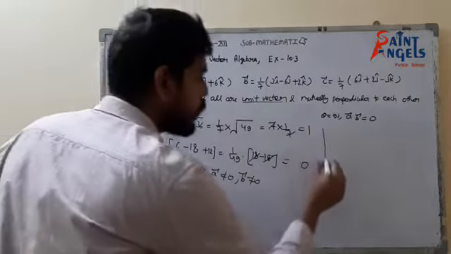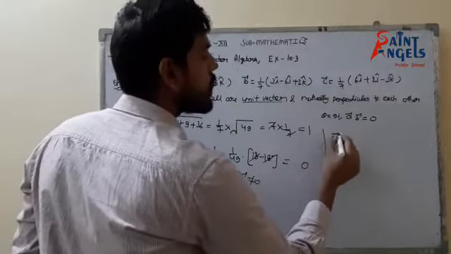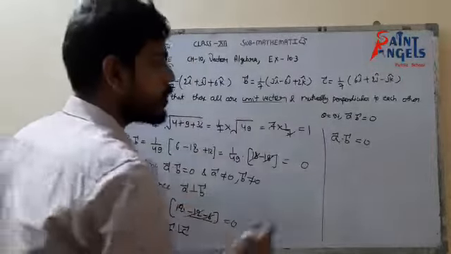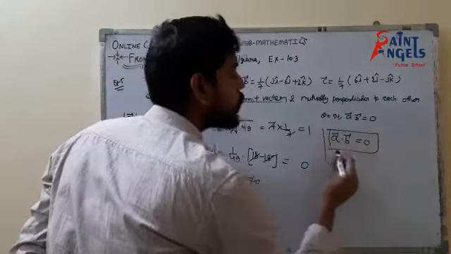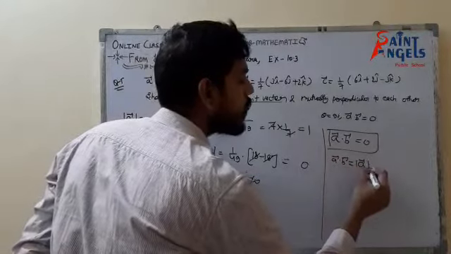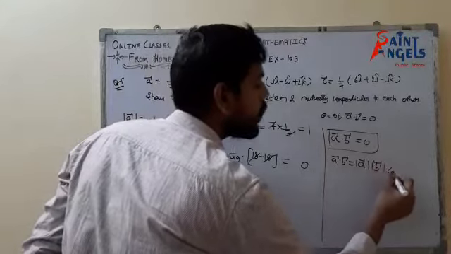But one thing to notice here is that if vector A dot vector B equals 0, there would be 3 cases, because the formula of A vector dot B vector equals magnitude of vector A, magnitude of vector B and cos theta.